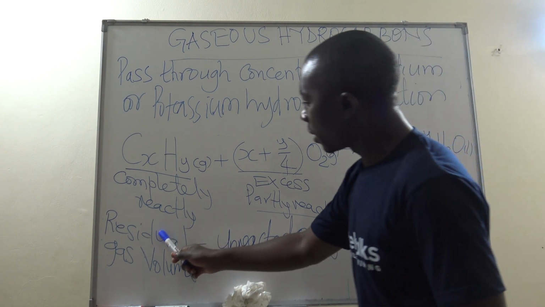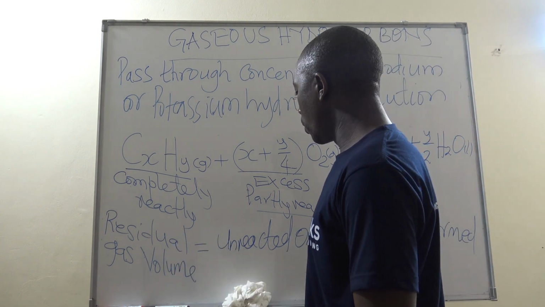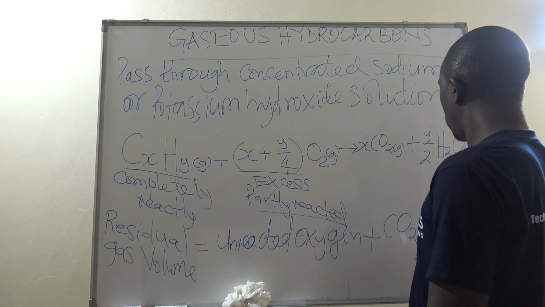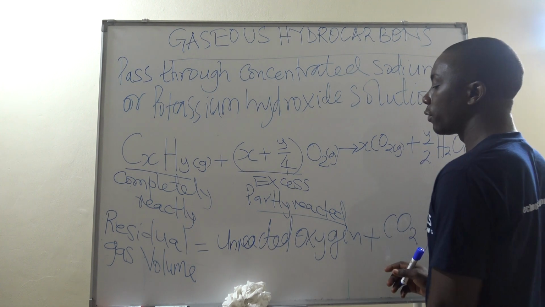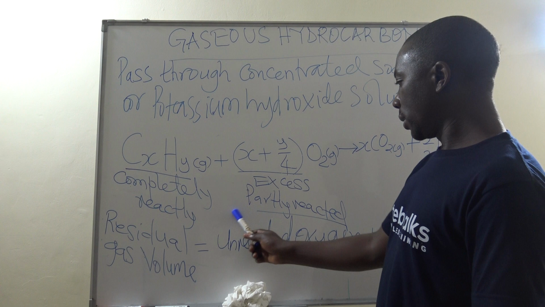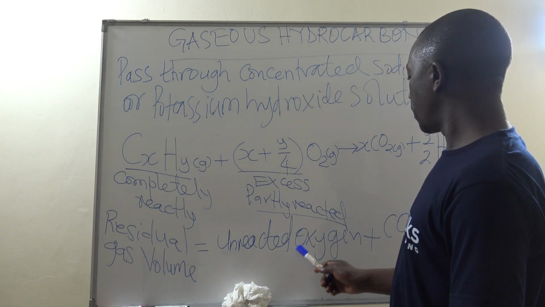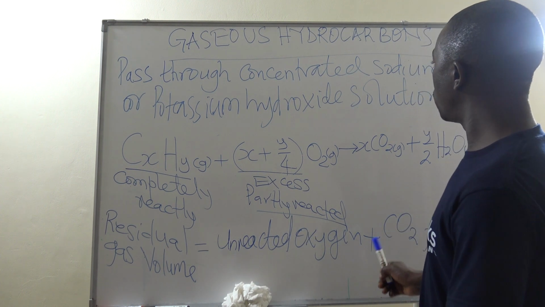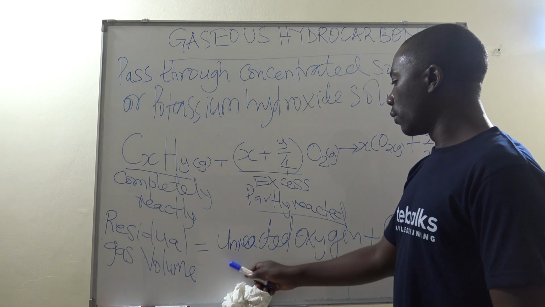Therefore, the residual gas volume reduces. So if the residual gas volume is known and it reduces by a given amount, then that remaining volume of gas is supposed to be the volume of unreacted oxygen gas. So we can later obtain the volume of unreacted oxygen gas by subtraction, because we shall be having the residual gas volume. When we pass it through potassium or sodium hydroxide solution, this volume reduces.